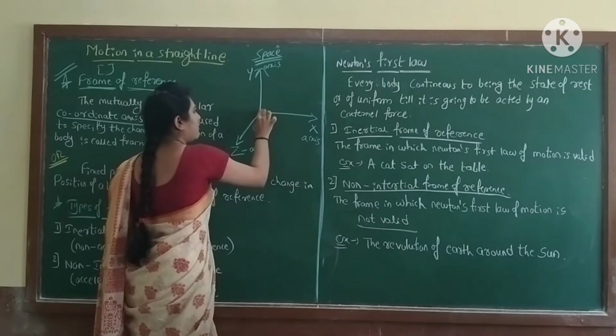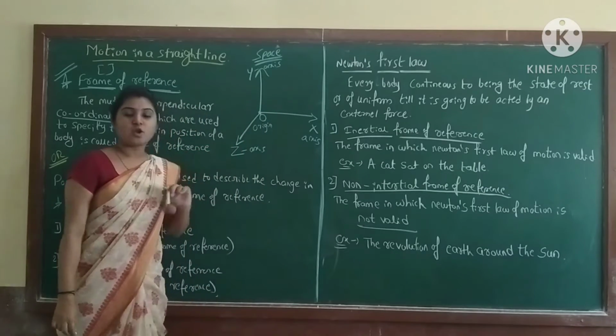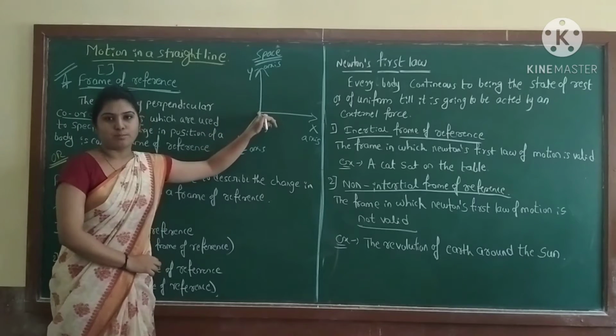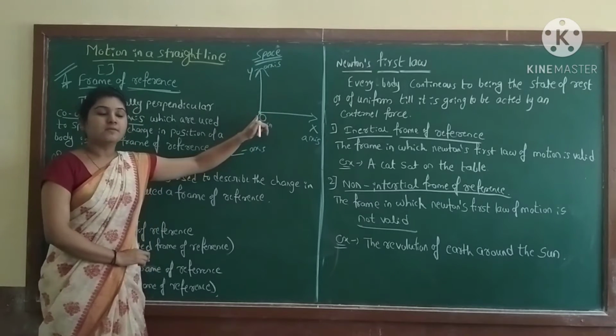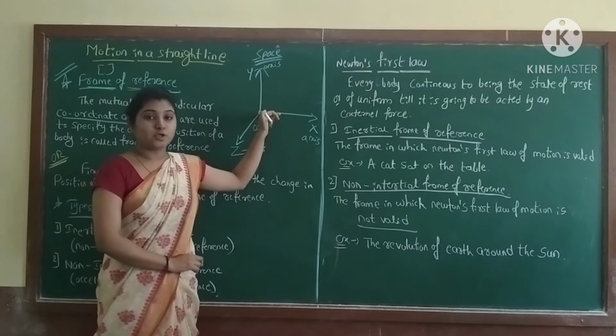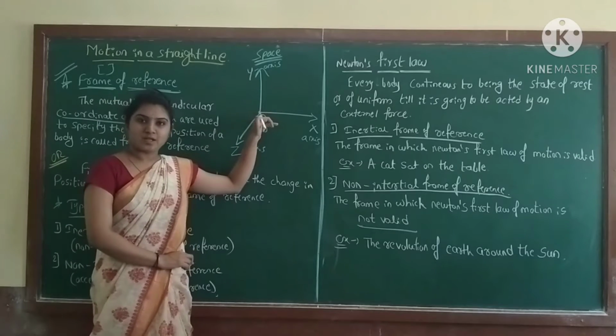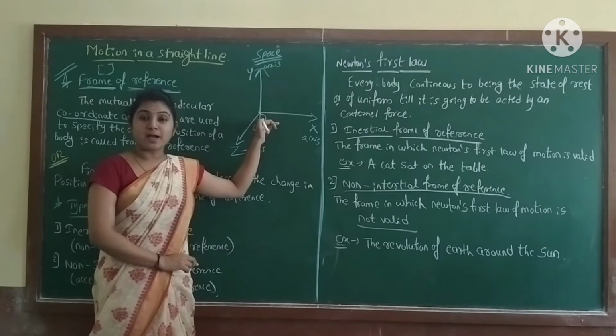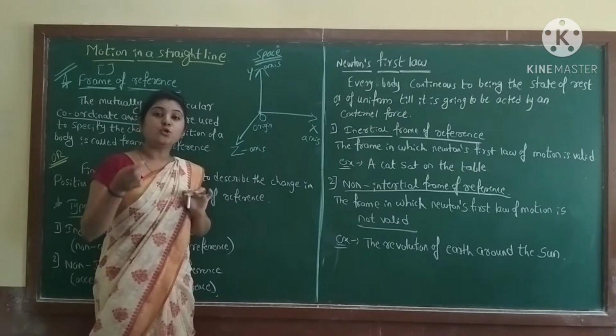Now what will I consider? See, first you are at this position, at position O. Just consider it is your home. So first you are at home. This is your original position. But now you want to come to college.